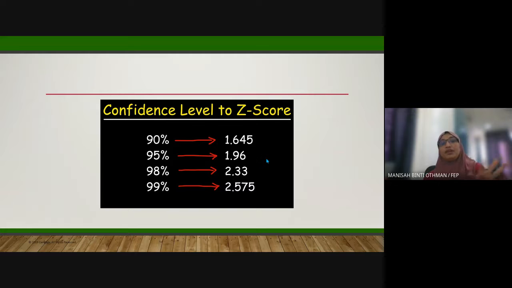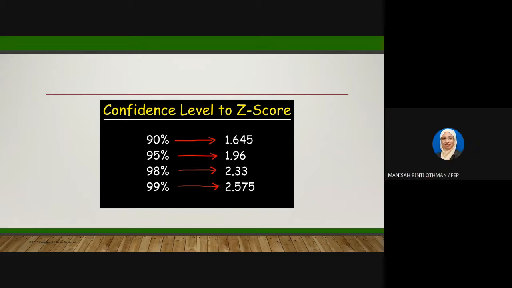If the confidence level is 95%, the Z value is 1.96. If your confidence is 98%, the Z value is 2.33. If your confidence level is 99%, the Z value is 2.575. If you can remember it, it can save your time, so you don't have to refer to the table.